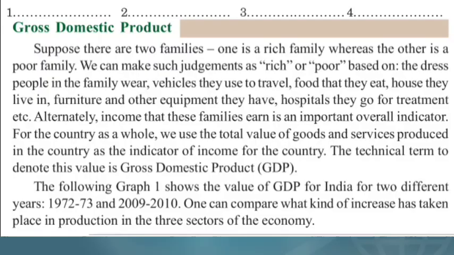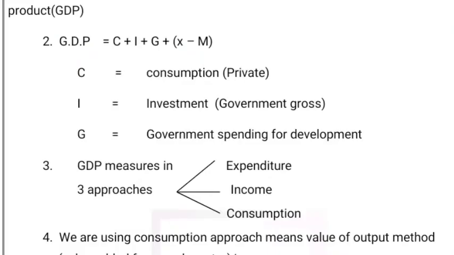Once again, GDP is equal to C plus I plus G plus X minus M. C means consumption, I means investment, G means government spending for development, and X minus M means imports and exports.